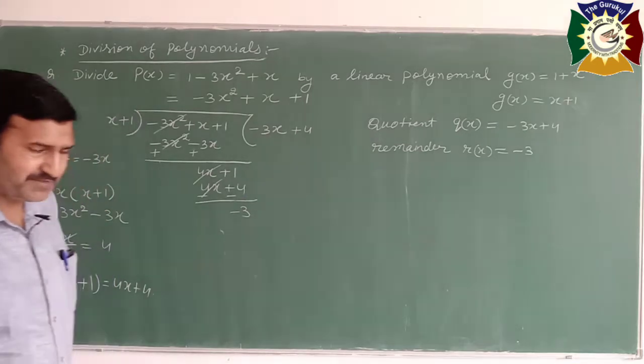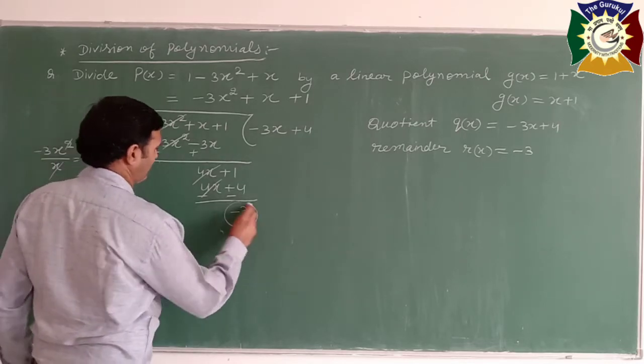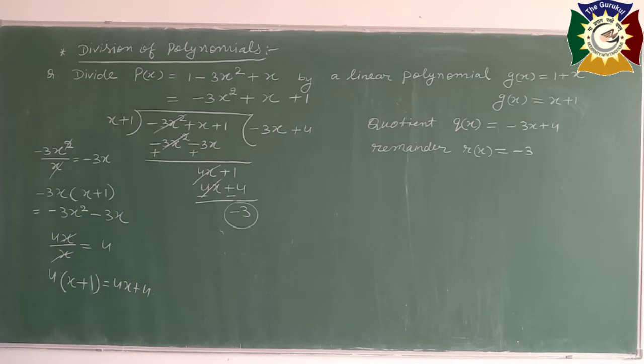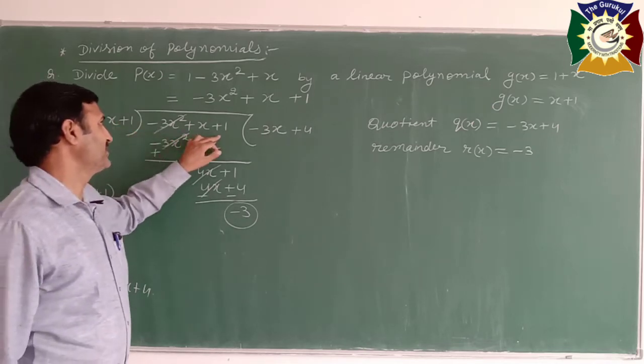So this is the actual division of the two polynomials. In this, remainder is non-zero. So the linear polynomial is not a factor of this polynomial.